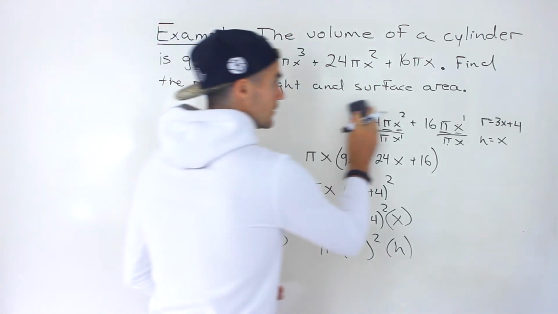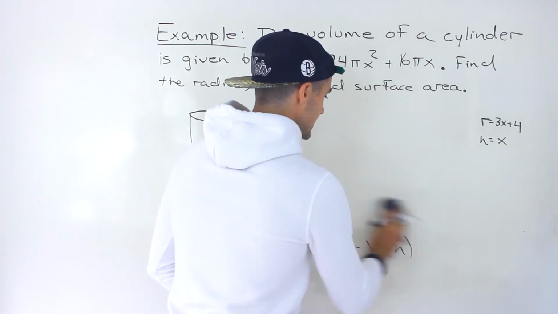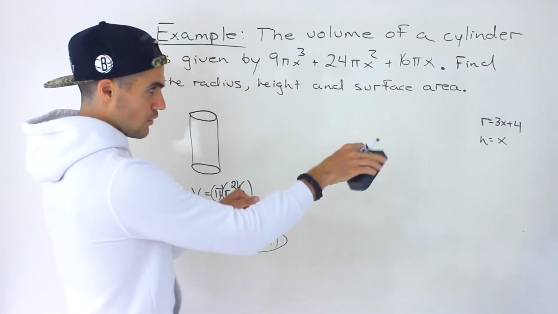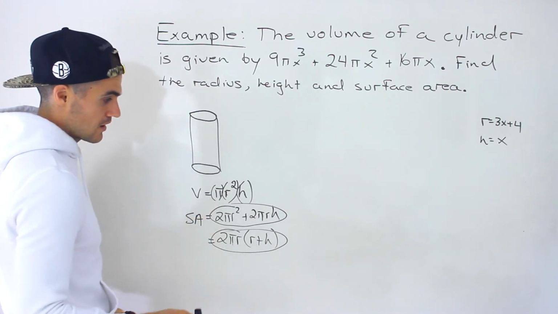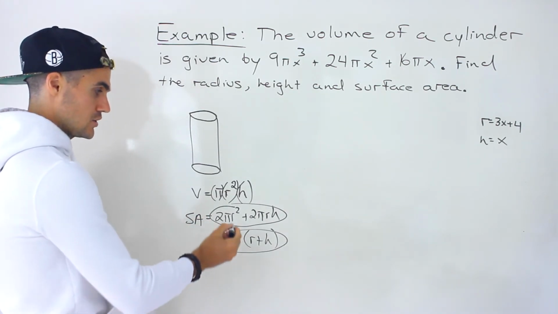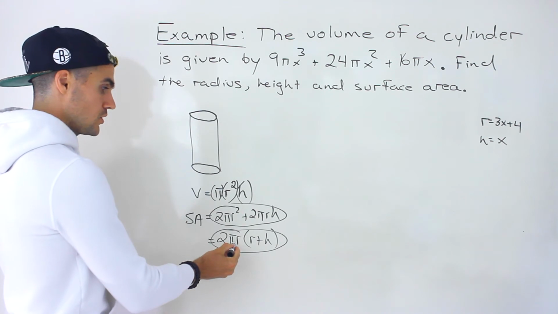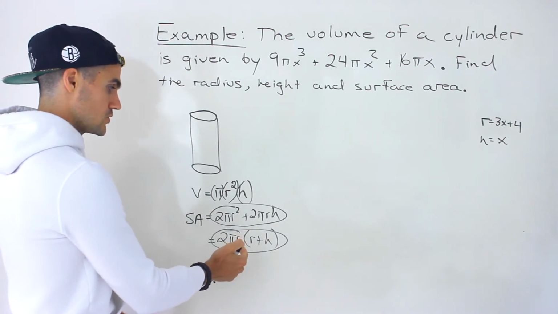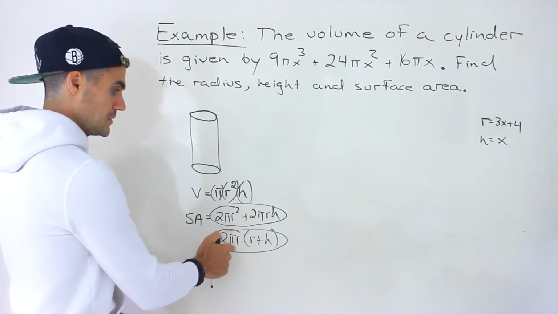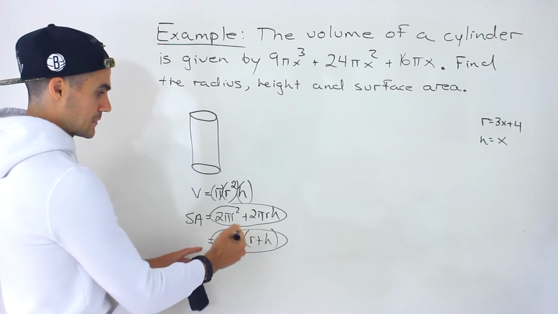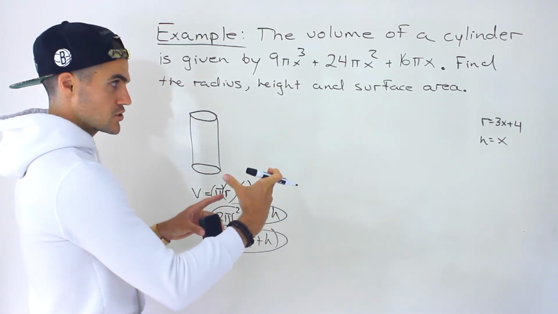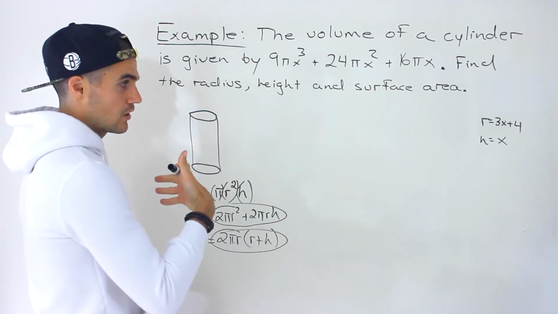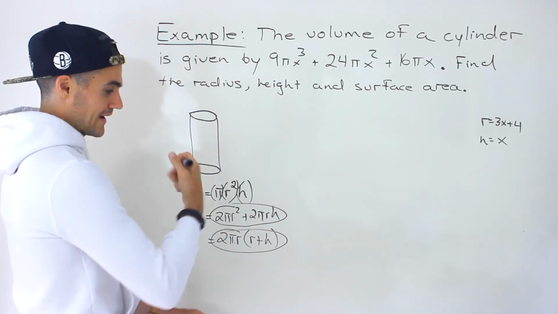So now we can take those expressions for the radius and height and plug them into the surface area formula. Again, you could use this formula or you could use this formula. I'm going to use this formula here because I'm going to give you two different formats for the surface area expression, a factored format and also an expanded format.